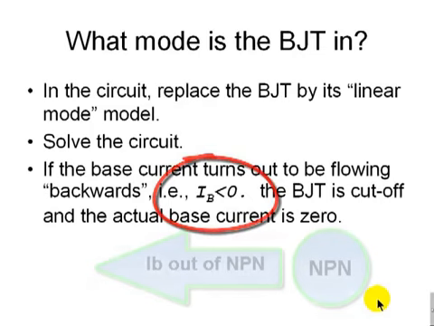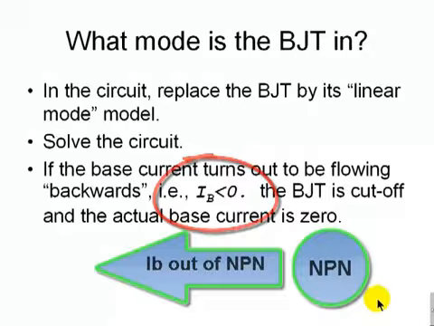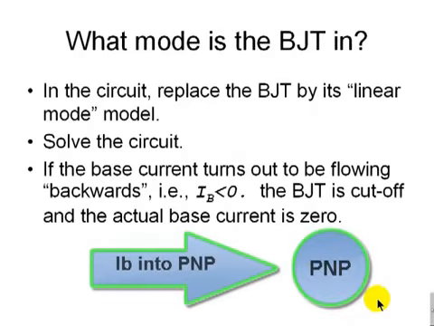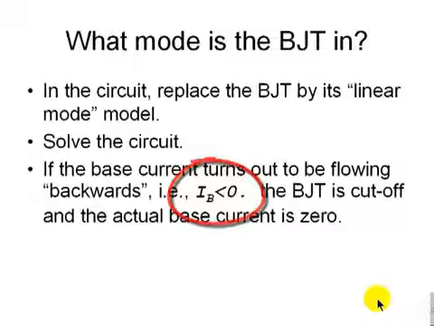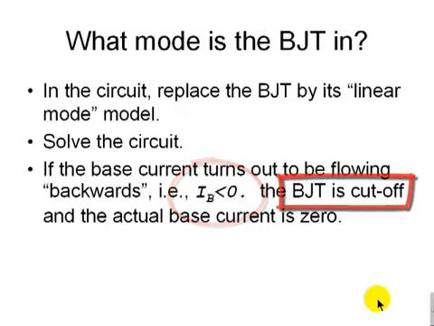If it's flowing out of the transistor for an NPN transistor, or into the transistor for a PNP transistor, that is, if IB is negative, then the BJT is in cutoff mode, and its actual base current is 0. By the way, its collector current is also 0 in that case.